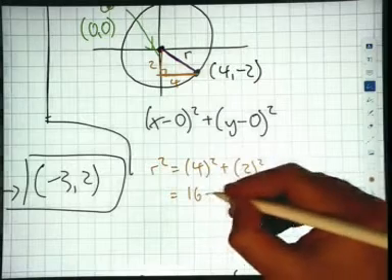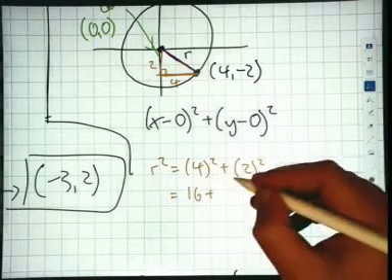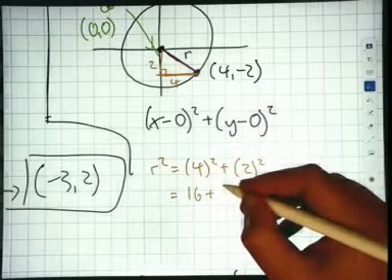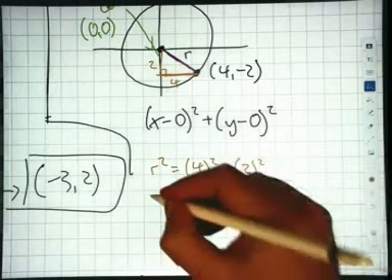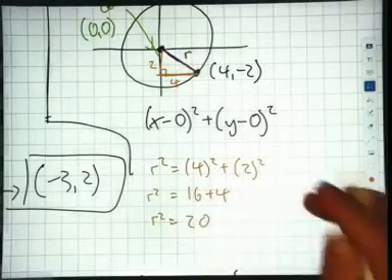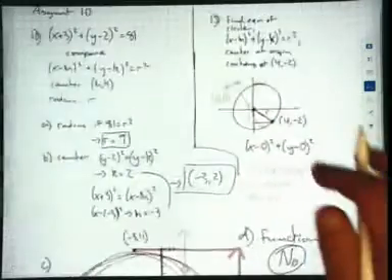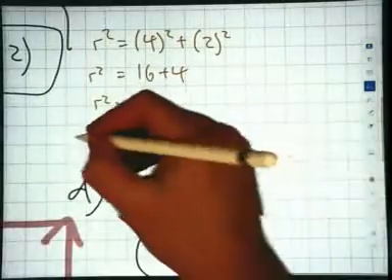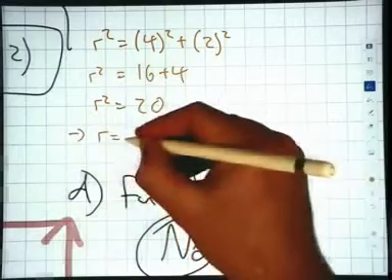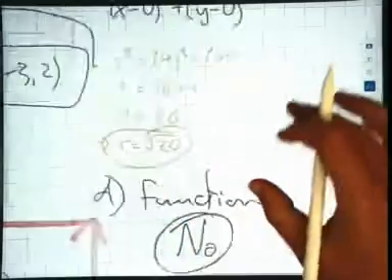So that becomes 16 plus 4 is equal to r squared. So r squared is equal to 20. But that's great. That tells me what r squared is. Well, if you want to take a full step further, you can say that r is equal to the square root of 20. So now you know what r is.